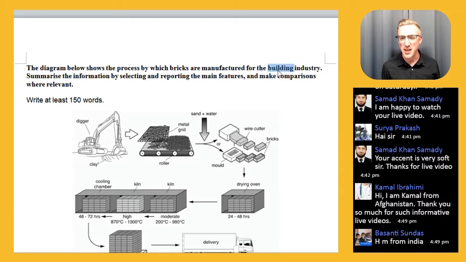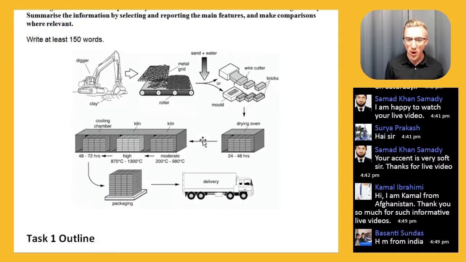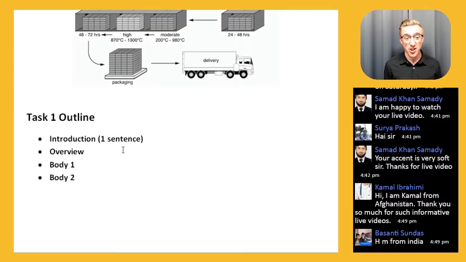I don't want to use buildings, but like this. Or this diagram illustrates the way that the building industry transforms clay into bricks. Something like that. Okay? Same information. You just need to say it in a different way. Okay? That's step 1. That is the introduction.